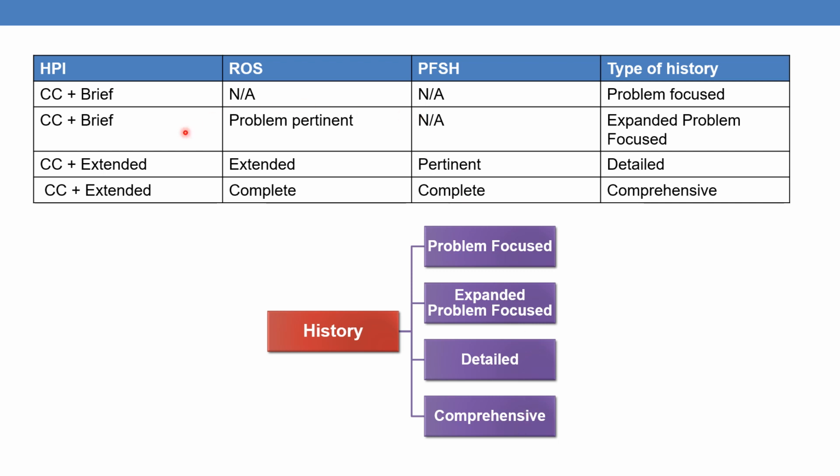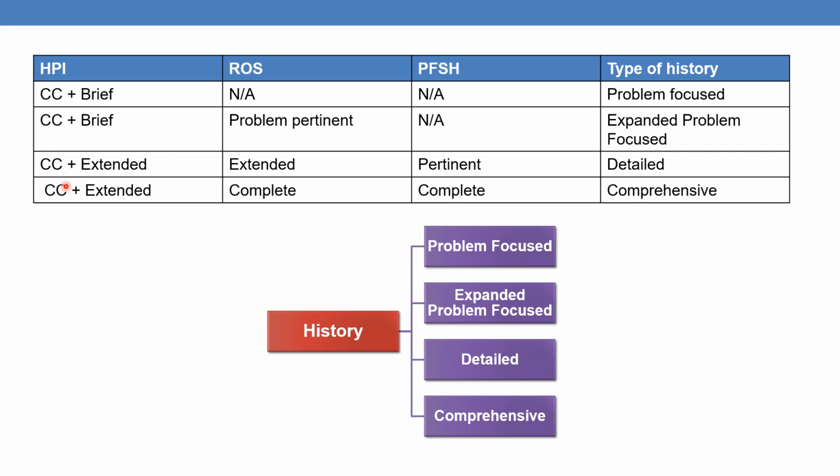So what are the components which contribute to problem focused history? Whenever there is chief complaint plus brief HPI, then the type of history is problem focused. Whenever there is chief complaint plus brief HPI plus problem pertinent ROS, then the type of history is expanded problem focused.